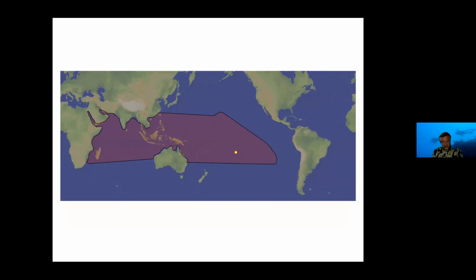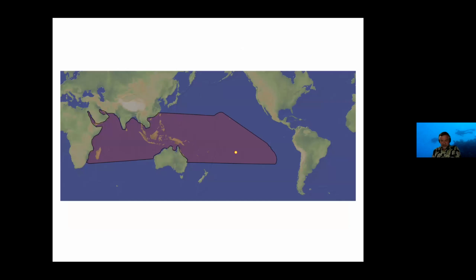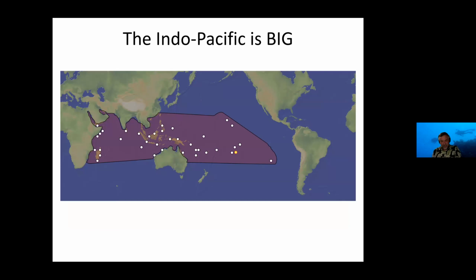But there I was in Moorea, and I'm just thinking about the size of that larva and then the size of the ocean and the size of the Indo-Pacific. This is a region whose diameter spans about 2/3 of the circumference of the globe. And I had this very subtle observation, which is that the Indo-Pacific is a big, big place.